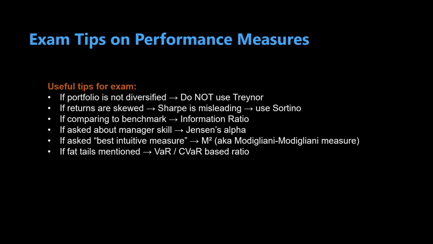Fourth, if the question asks you to assess manager skill, Jensen's alpha is the right tool. Fifth, if the question asks for the most intuitive or most communicable measure, that's M-squared, or the Modigliani measure. And sixth, if the question mentions fat tails, extreme losses, or non-normal distributions, reach for VaR or CVaR-based ratios.